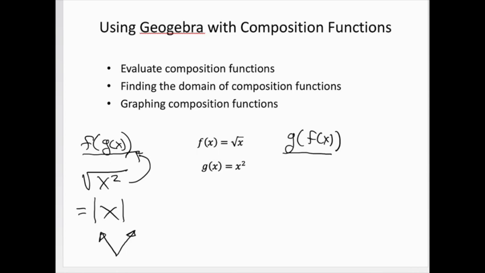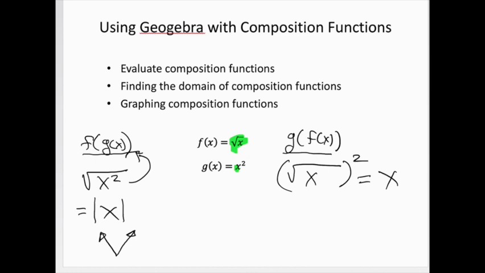Now for this one, I'm going to take f of x, which is this, and plug it in for this x. So when I do that, I'm going to get the square root of x, and then this is going to be squared. And again, when we simplify that, we think that it's just going to be x.